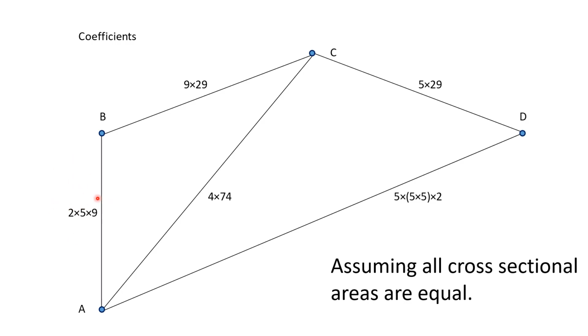deriving our compatibility equation. We are working under the assumption, as we said at the beginning, that all cross-sectional areas are equal. Of course, the compatibility equation will have to take into account the cross-sectional areas of the members.